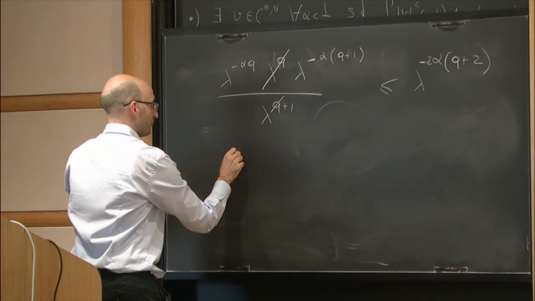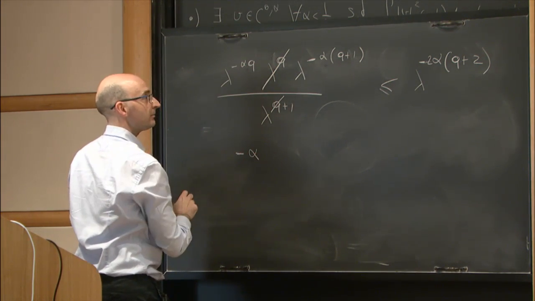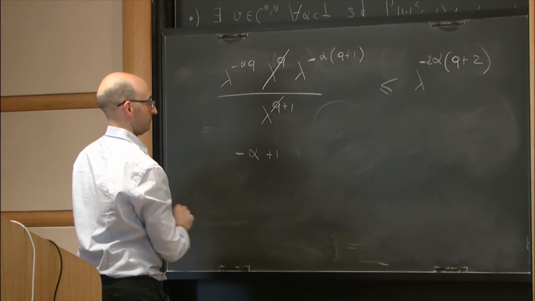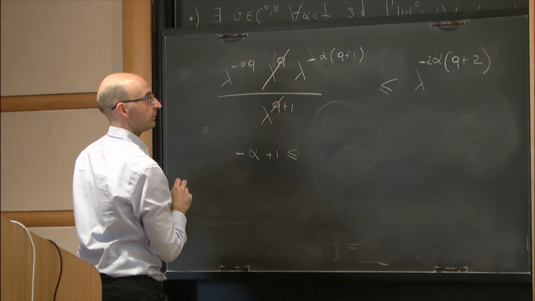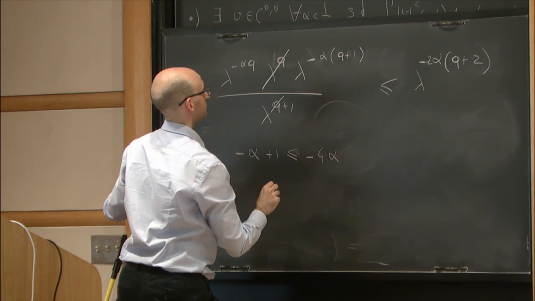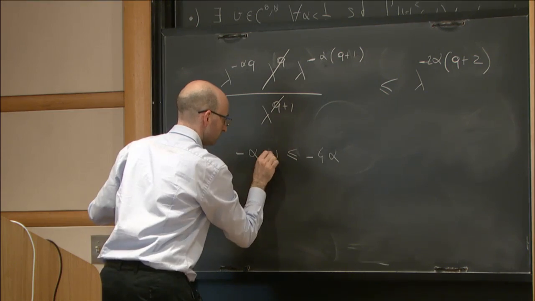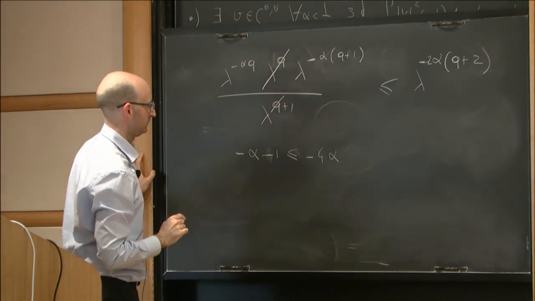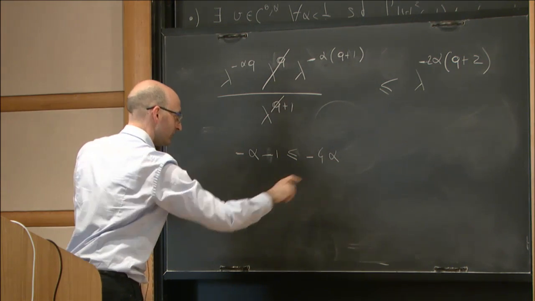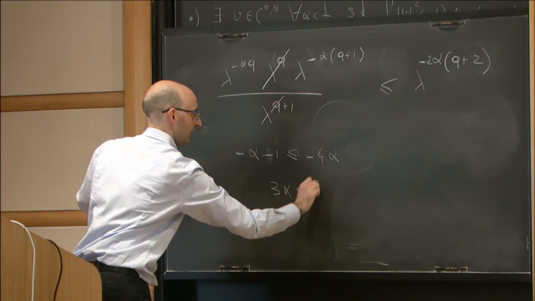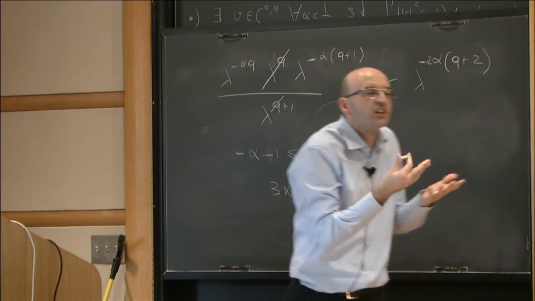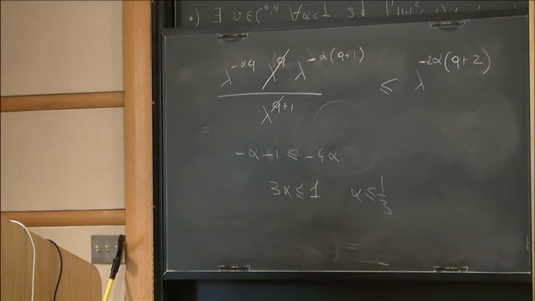So you will see I have minus alpha plus 1 less or equal than minus 4 alpha. Sorry, minus 1, yeah, because that is in the denominator. Okay, pull 4 alpha on one side and 1 on the other side. And there you go. So this is the condition. Alpha equal 1/3 is critical for this iteration.